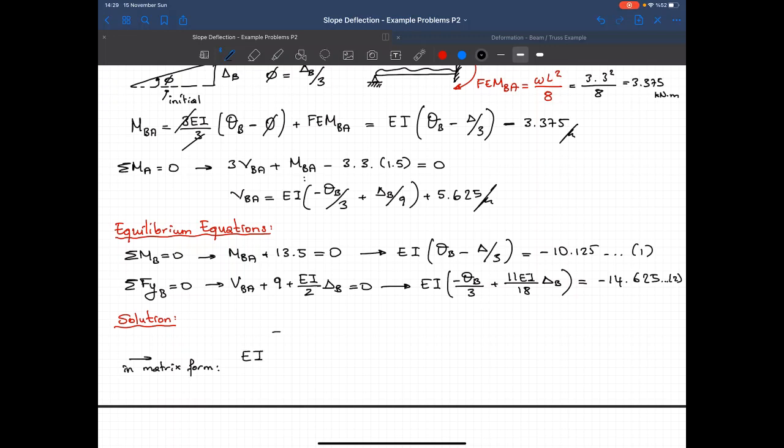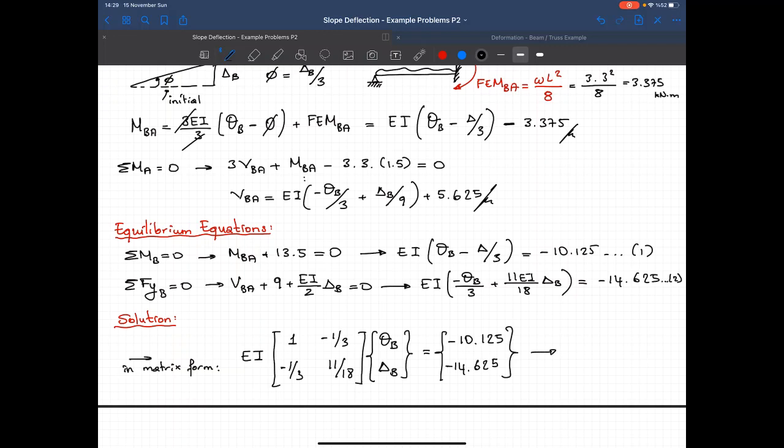EI times the matrix [1, minus 1 over 3; minus 1 over 3, 11 over 18] times [theta B, delta B] is equal to [minus 10.125, minus 14.625].